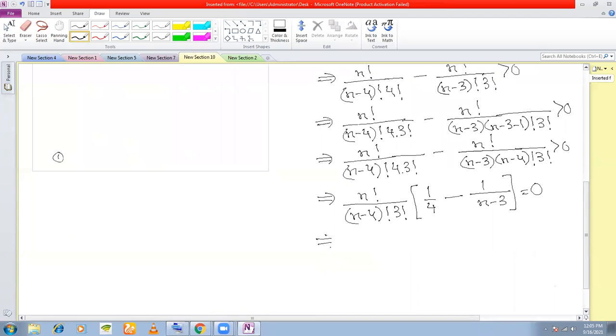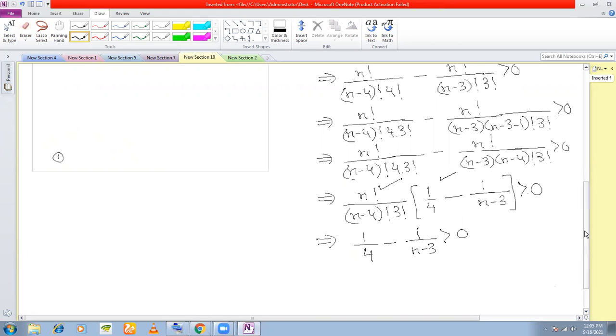That means this is not equal to 0, this is greater than 0. Now clearly if you see the product of these two, if it is greater than 0, this is obviously greater than 0, and this also has to be greater than 0. That means 1/4 minus 1 by (n minus 3) must be greater than 0.